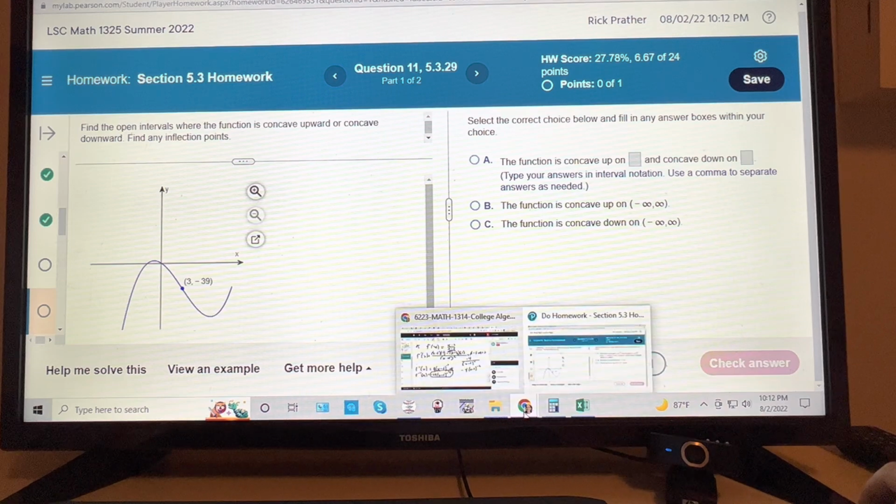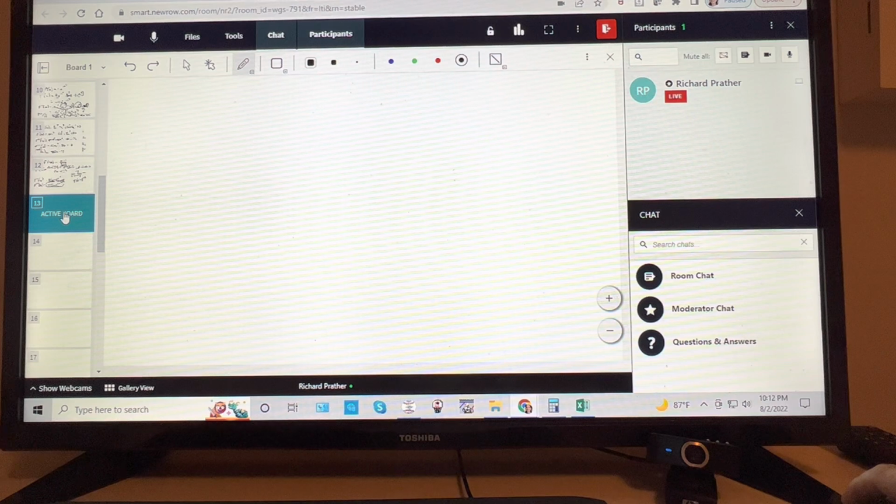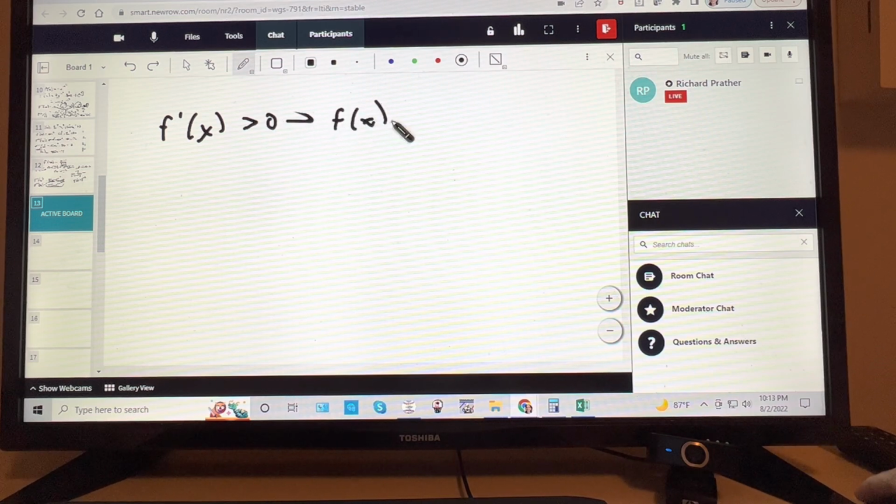Okay, so it took us 10 questions just to get past all this. So back in the previous sections, when a first derivative is positive, the original graph is increasing.